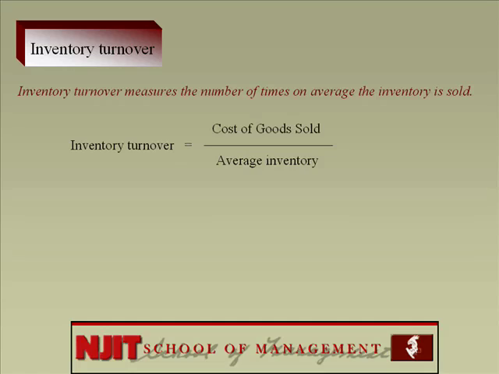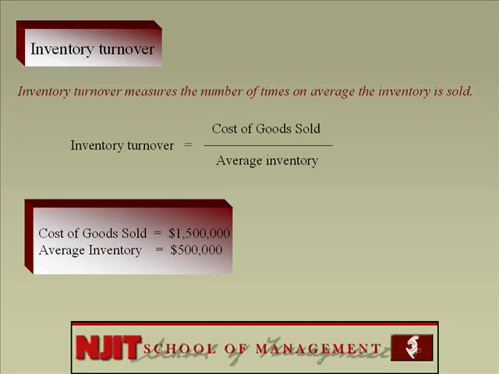The formula for inventory turnover is cost of goods sold over average inventory. So, for example, let's say the cost of goods sold is 1,500,000 in a hypothetical example, and the average inventory is 500,000 in a hypothetical example.